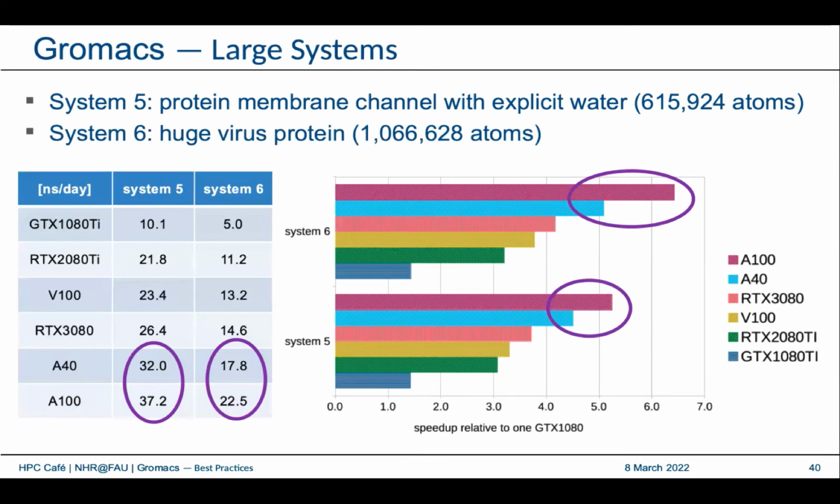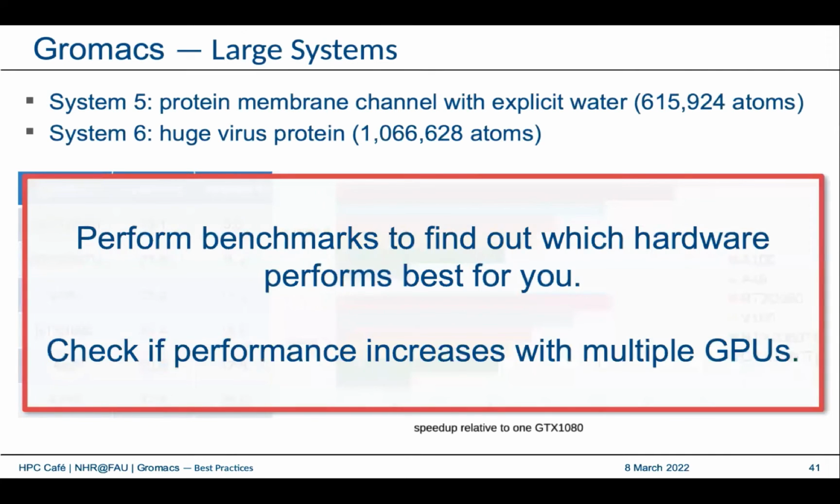And we also have a large number of CPU cores per GPU in those nodes. So the performance increases for the large systems. But please perform benchmarks to find the best hardware and check if performance increases with multiple GPUs.